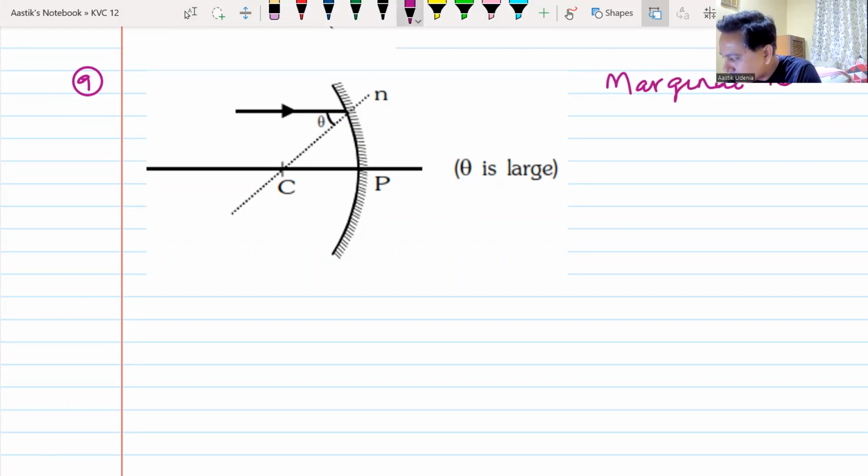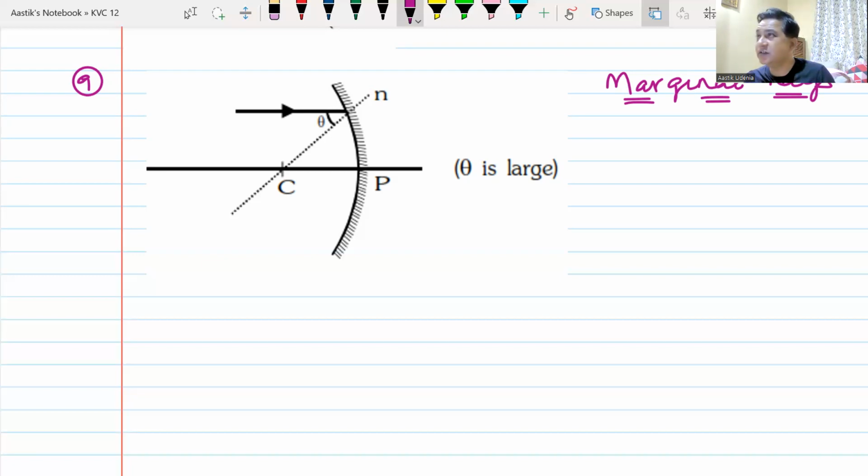Marginal rays. Now can you tell me what do you mean by marginal rays? Angle of incidence is very large. Yes, the angle of incidence is very large. Those are known as marginal rays.